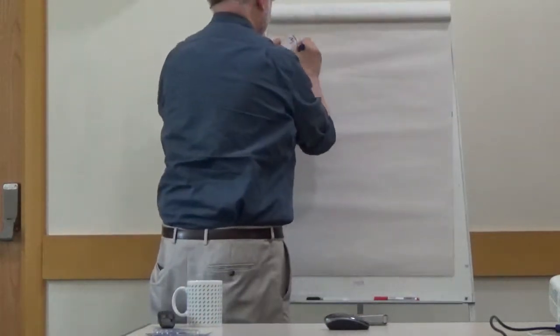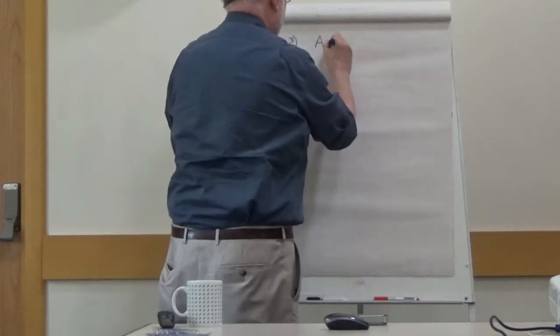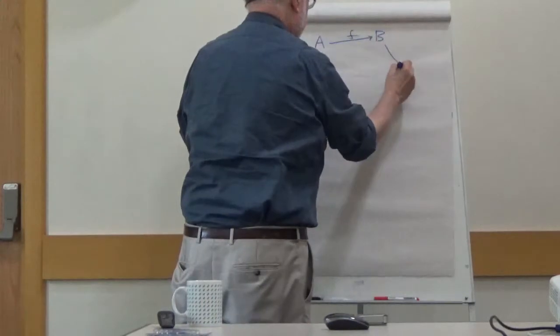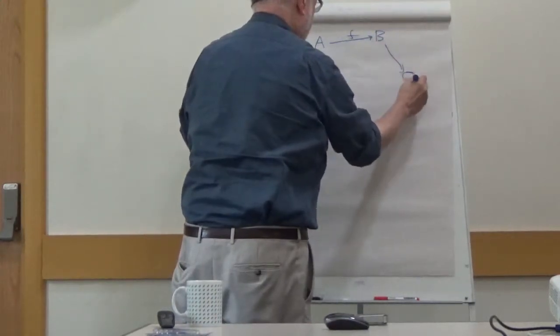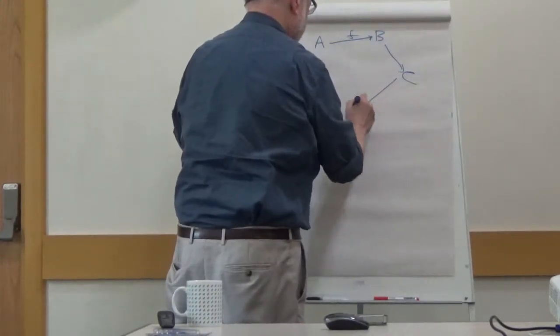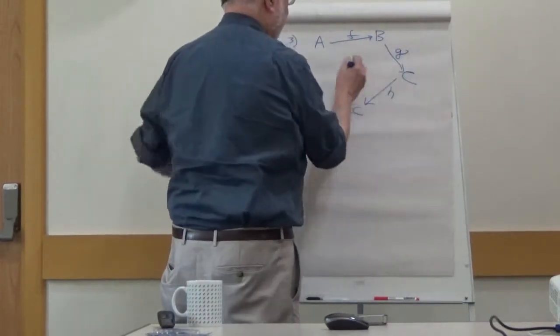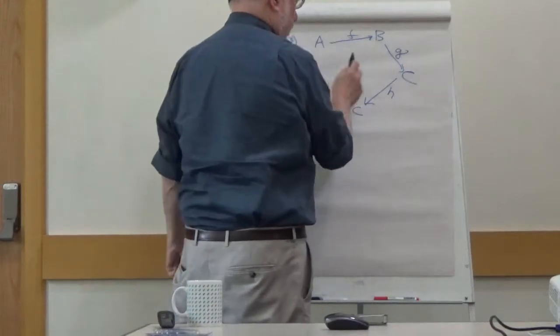Thirdly, if you have a morphism from A to B, and a morphism from B to C, and a morphism from C to D, then you have F, and you have G, and you have H. You see you have some choices here.